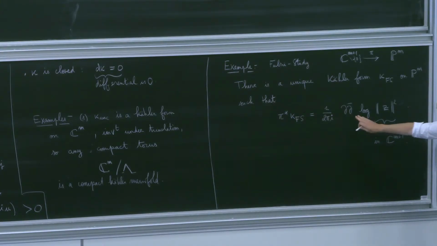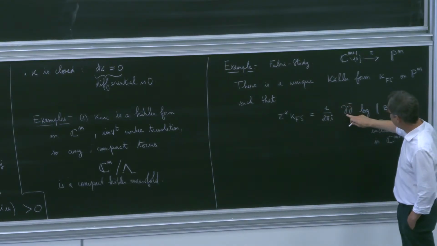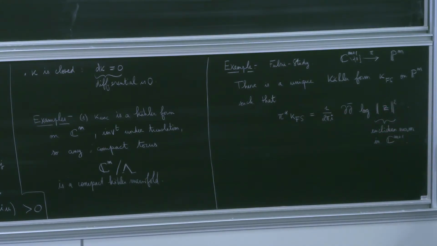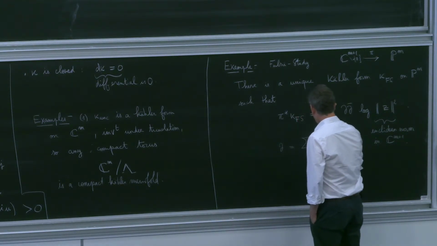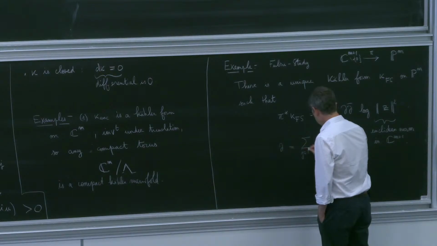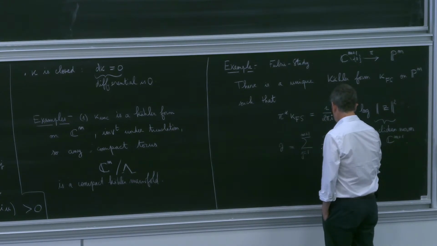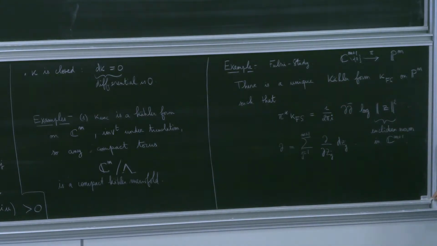I will not define dd bar, but when you take the d derivative, you derive with respect to the z variables. When you take the d bar derivative, you derive with respect to the z bar variables. So d is the sum over all variables of d over dz_j dz_j.